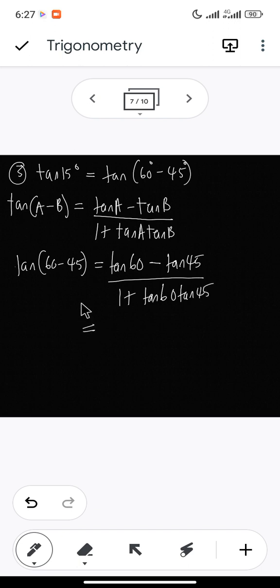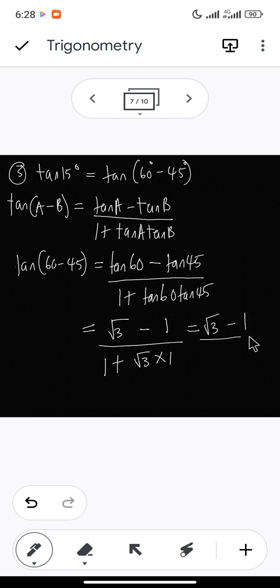Now tan 60 will obviously give us the square root of 3, from special angles. Tan 45 is 1. So this is going to give us root 3 minus 1 over 1 plus root 3.